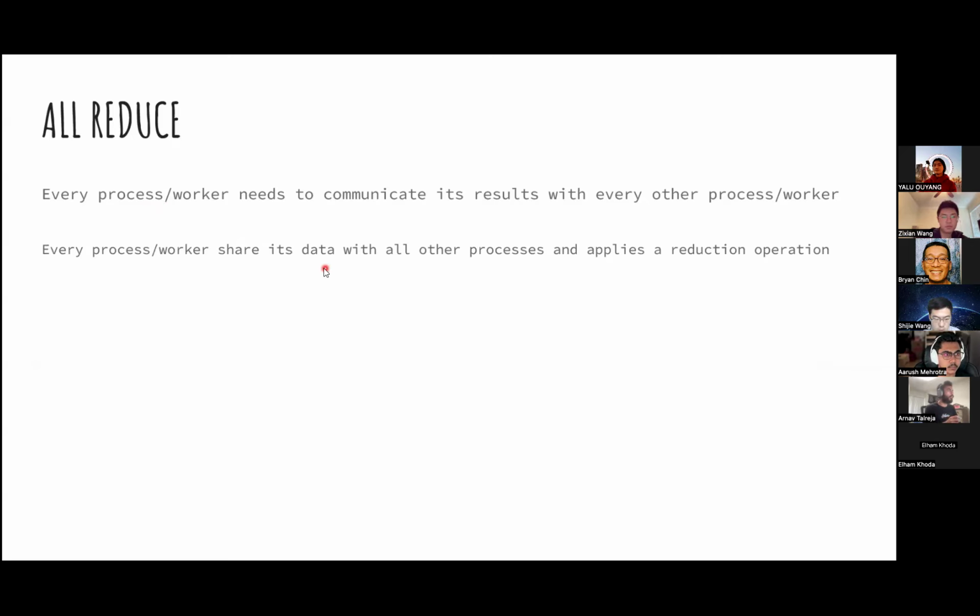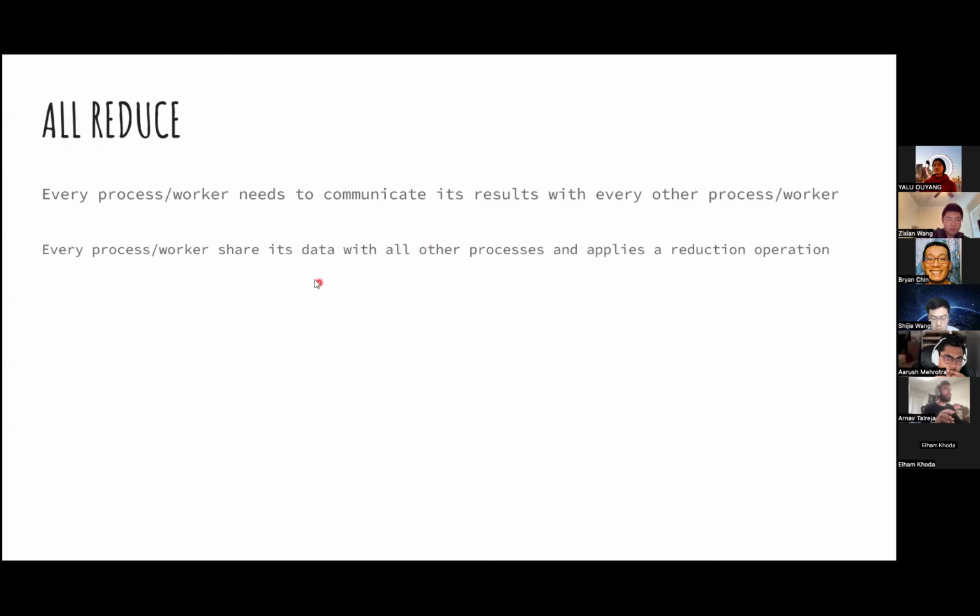So we do exactly what I said. Each process or worker shares its data with all the other processes and applies a reduction operation. Why do we apply a reduction operation? There can be many reasons. One might be that it's extremely memory inefficient to save the inputs of all the processes.